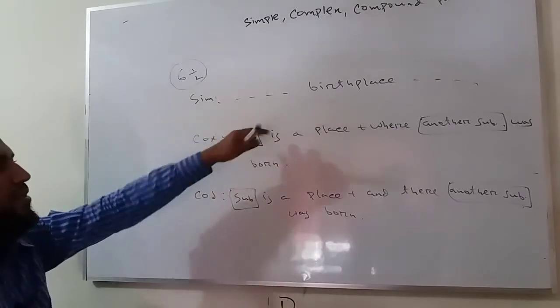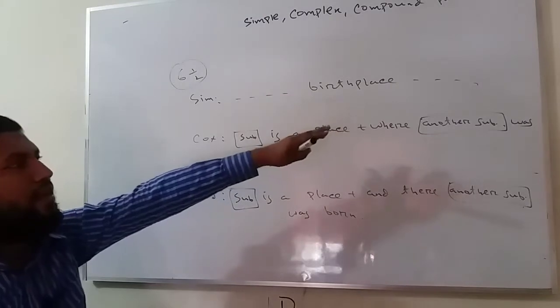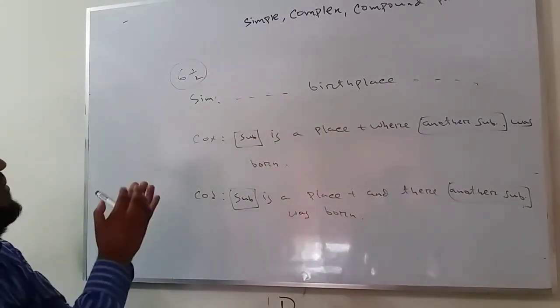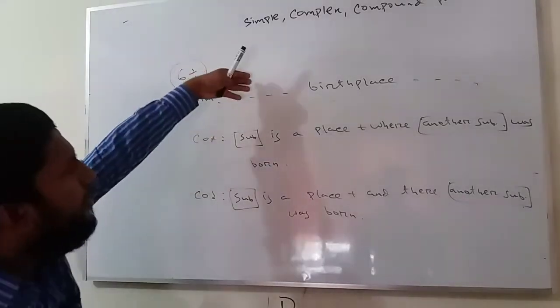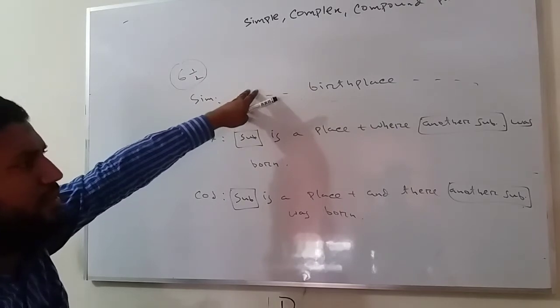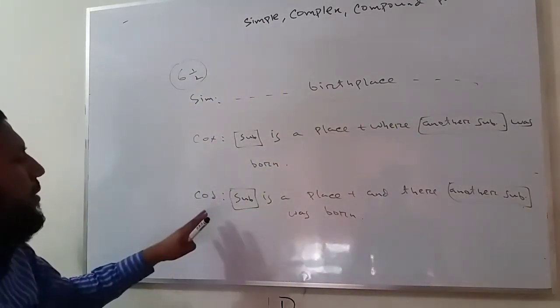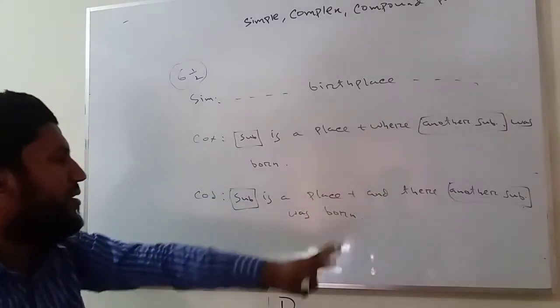Subject is a place. Subject means the subject of the simple sentence is a place. Where? Another subject. You will find another subject from the simple sentence. You will have to convert it into this sentence form, was born. In compound, you start from subject is a place, then put and there, then another subject was born.